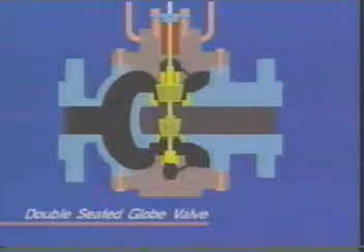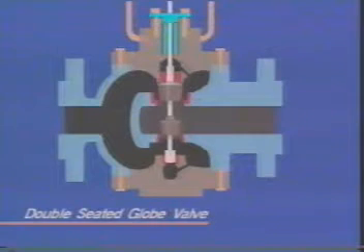Addressing each specific concern has a different effect on trim design and materials. In addition to primary trim, it's important to properly evaluate the type of secondary trim required by the valve application. In the next segment, we'll look at the various secondary trim designs. But for now, stop the tape.